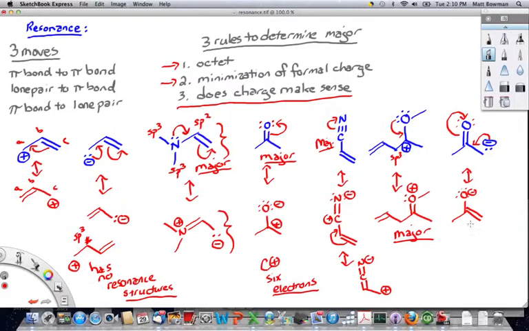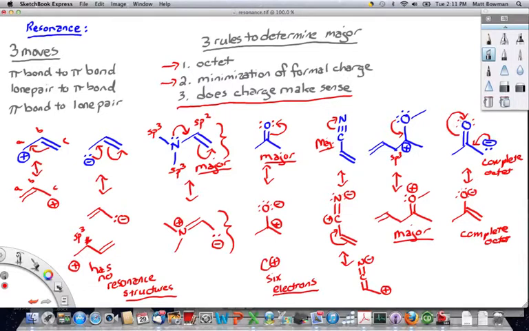Double bond here. Let's check. This molecule has a complete octet. This molecule also has a complete octet. Rule 2, minimization of formal charge.